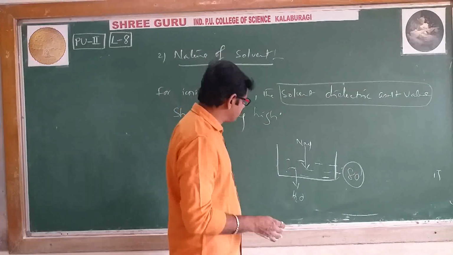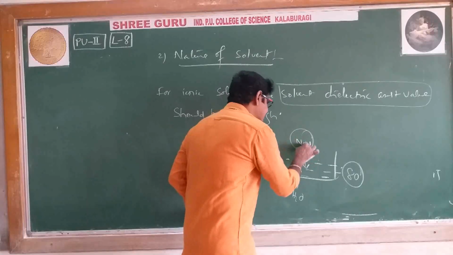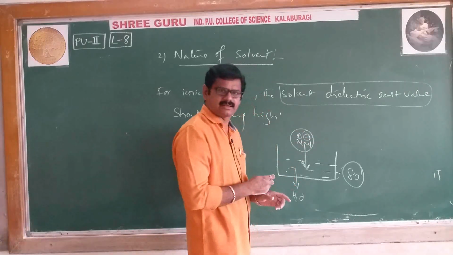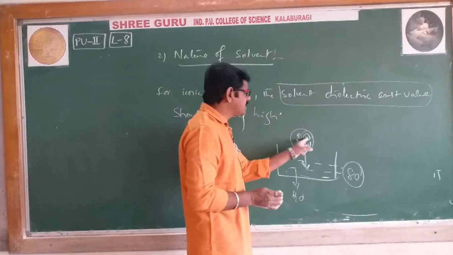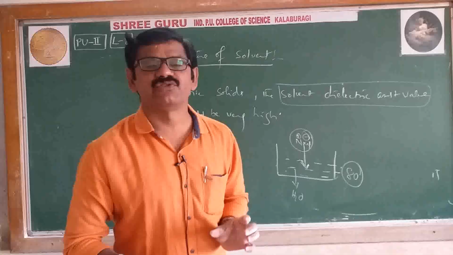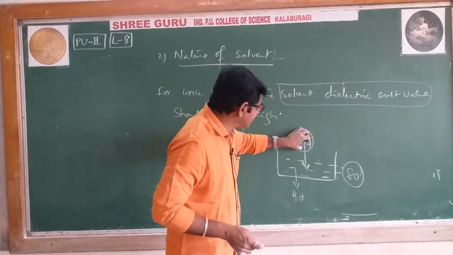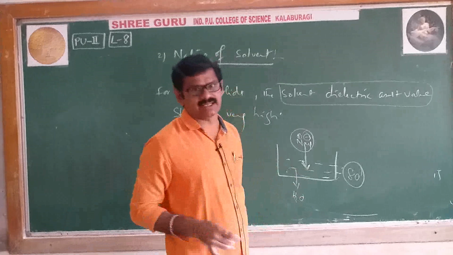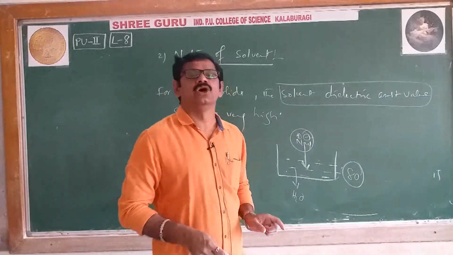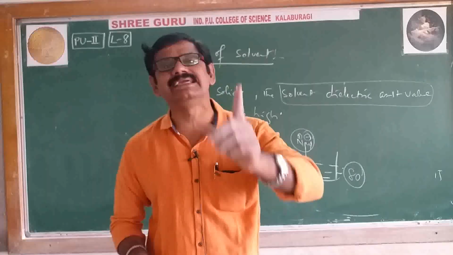What is water doing? After addition of NaCl, Na plus and Cl minus have attraction forces between them. In an ionic compound, obviously there are strong electrostatic attraction forces between ions. When the ionic solid dissolves in water, whatever attraction forces are there will be decreased by 80 times.